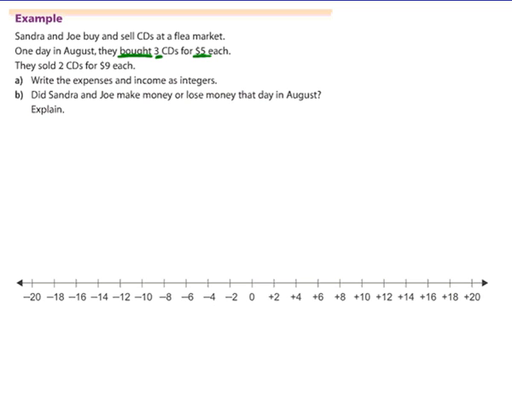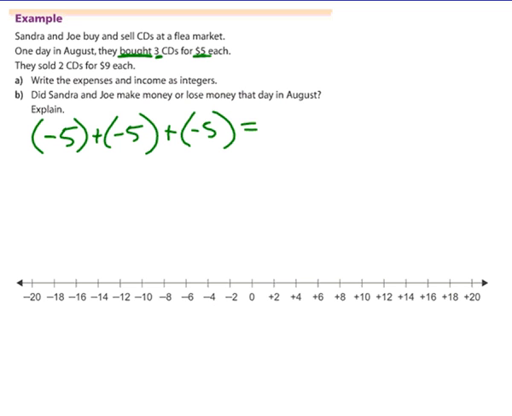So if we're buying, we're spending money, and we're spending $5 3 times, that's essentially -5 plus -5 plus -5, because it's spending money. If I was making money, it would be +5, but right now we're spending $5 3 times.